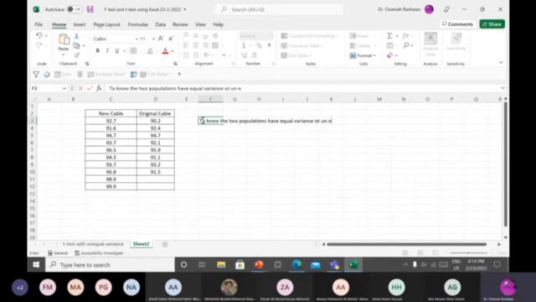So what I'm going to do is first use the F-test to compare the two population variances.